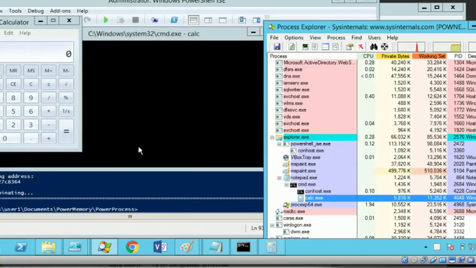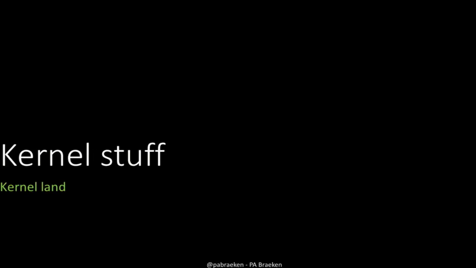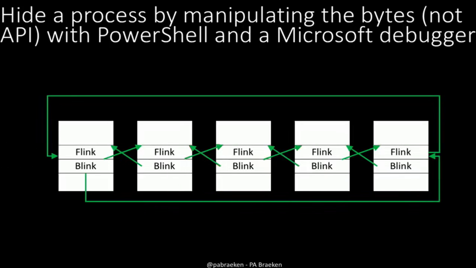Okay, I will just go back to that because we have kernel stuff too. With the same technique, if you are able to get into the kernel, by reusing a known technique to hide a process, I will do the same thing, but just by reading and writing the bytes.